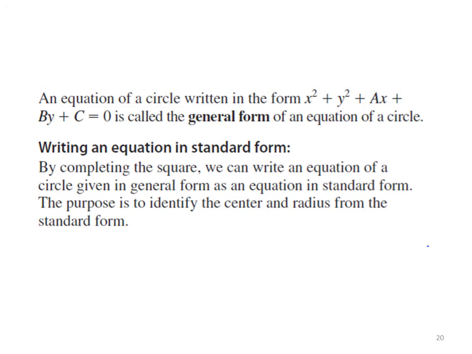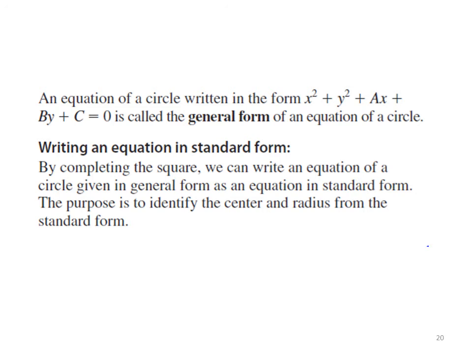You can always, if you have the equation in standard form, just expand the equation, and that should give you the general form of the equation. The other way, if you have the equation in the general form, you should be able to write it in the standard form by completing the square.